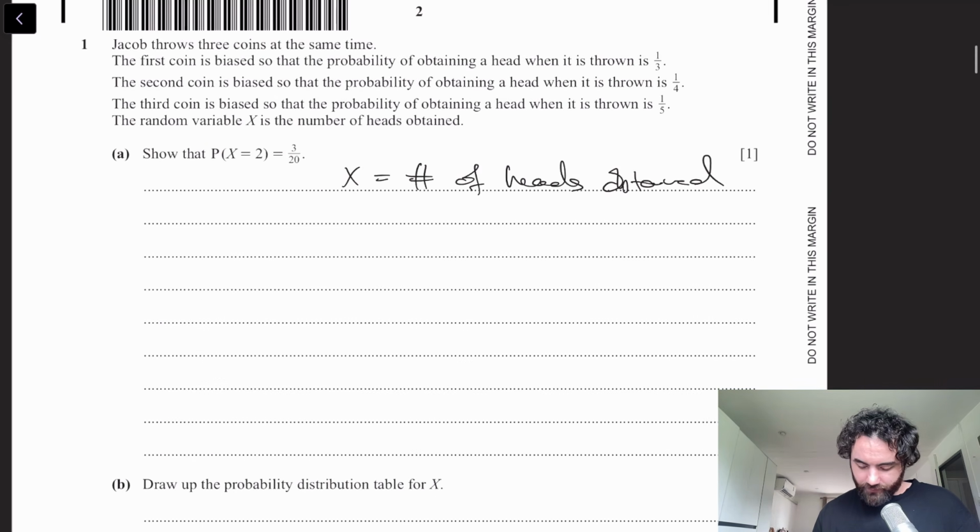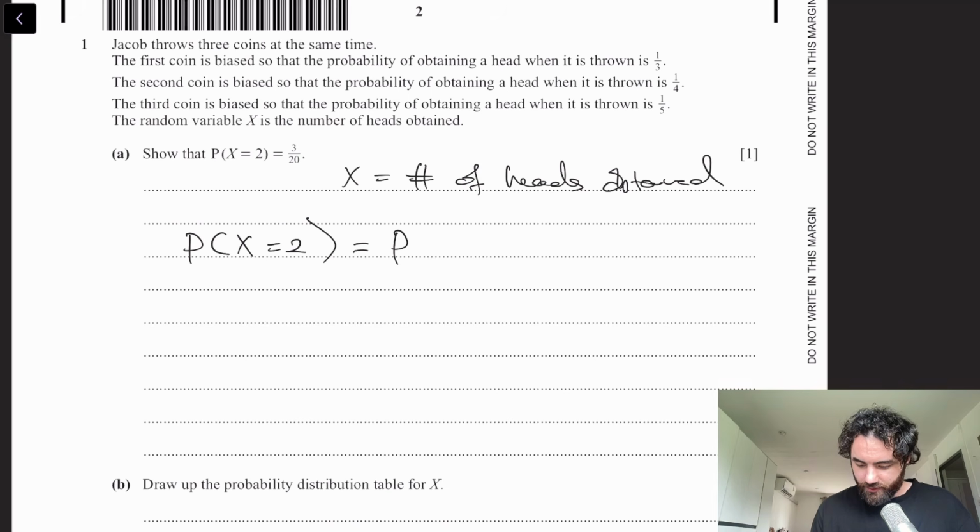Okay, so we want to find the probability that X, the number of heads obtained, is 2. So he throws 3 coins at the same time. Okay, so how does he do that? So we want 2 heads. So the probability of that happening will be what?